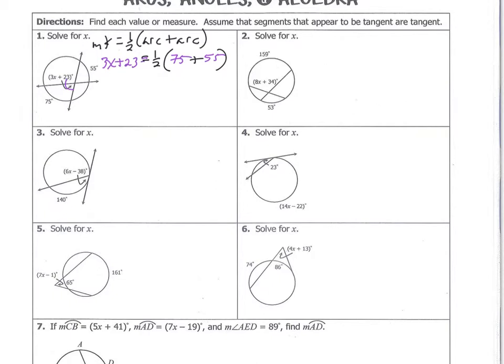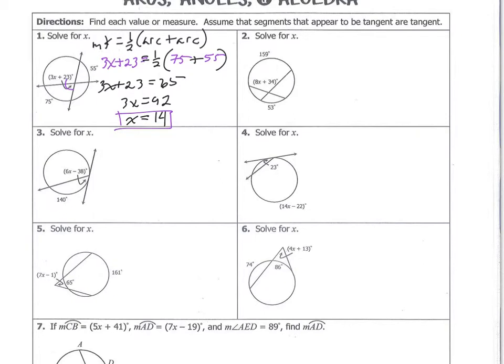But we end up with 3x plus 23 equals 65. Isn't that easy to solve from there? Subtract 23, you get 3x is equal to 42. Divide by 3. What do you get? 14. Does that answer the question?